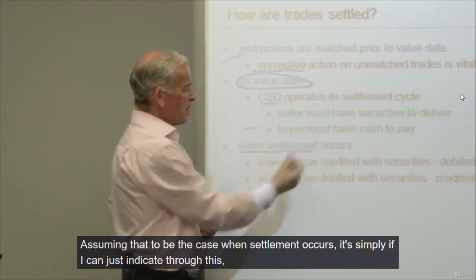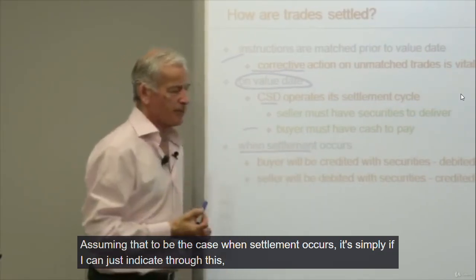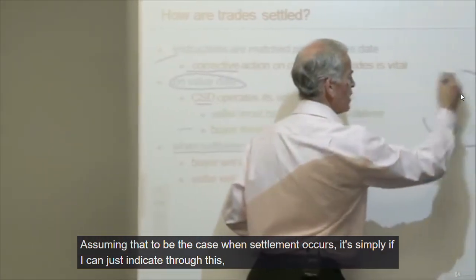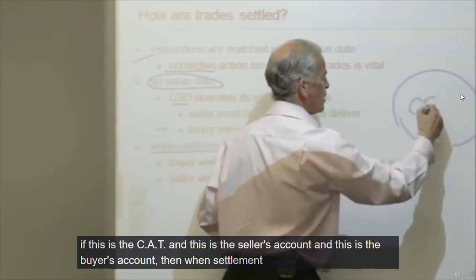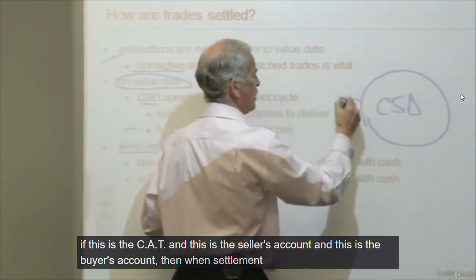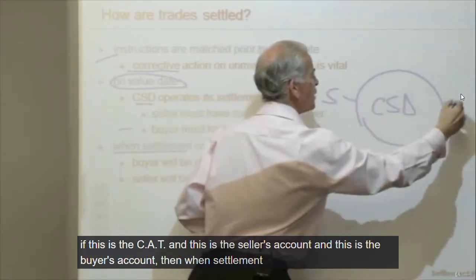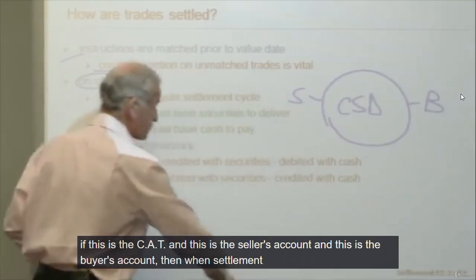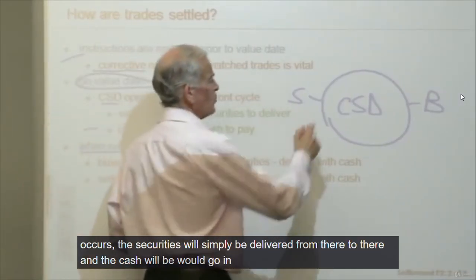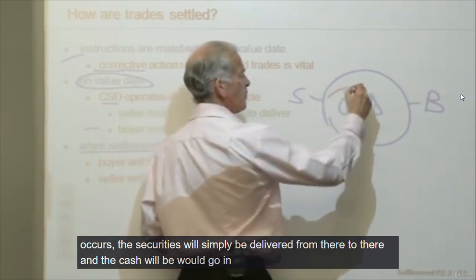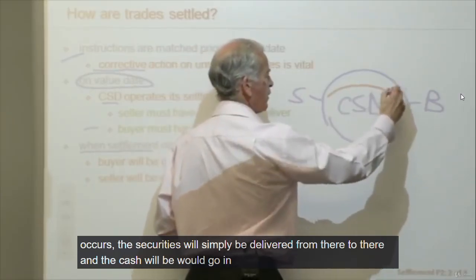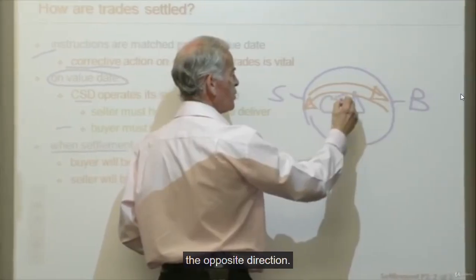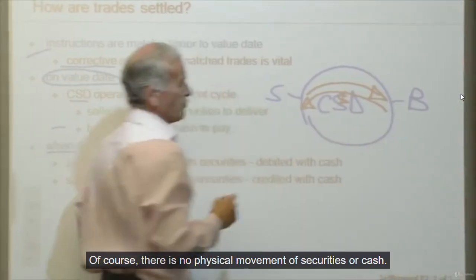Assuming that to be the case, when settlement occurs, if I can just indicate through this, if this is the CSD and this is the seller's account and this is the buyer's account, then the securities will simply be delivered from there to there, and the cash would go in the opposite direction, of course.